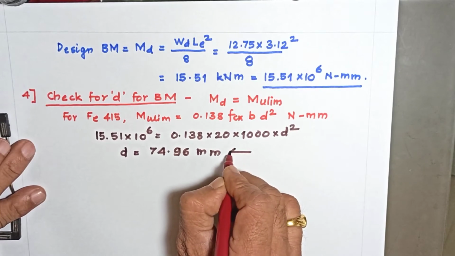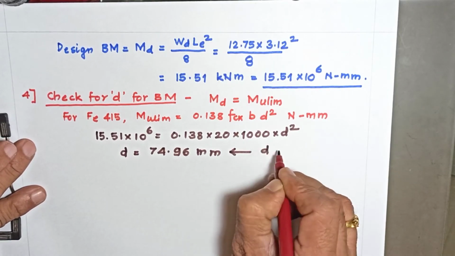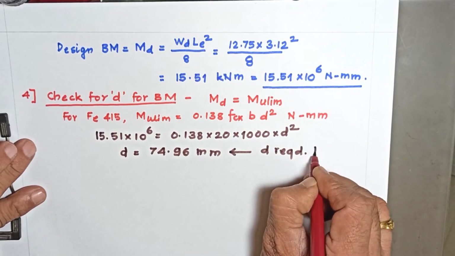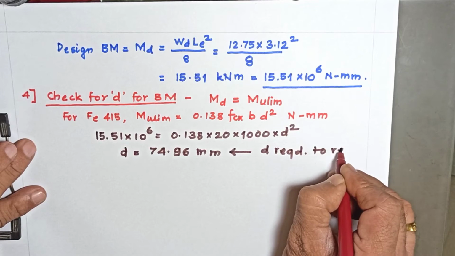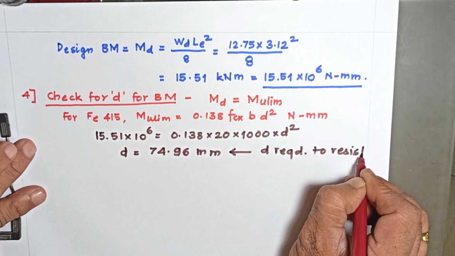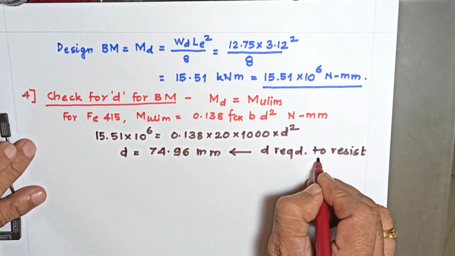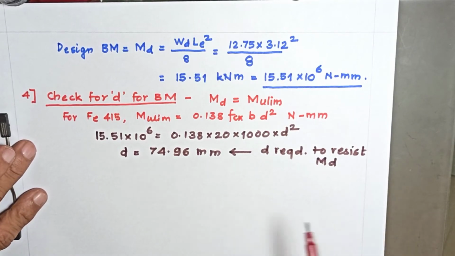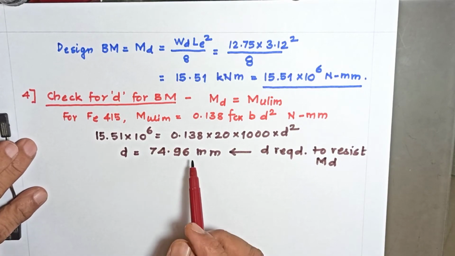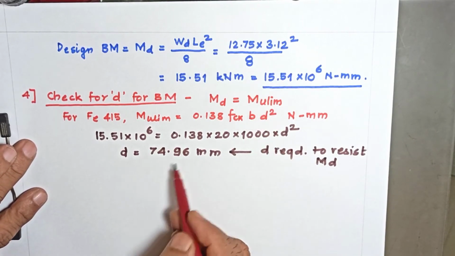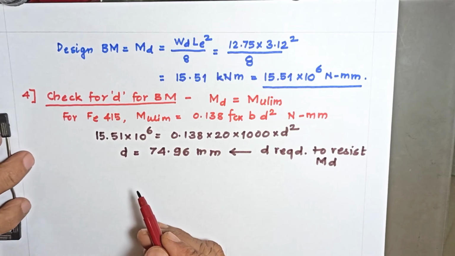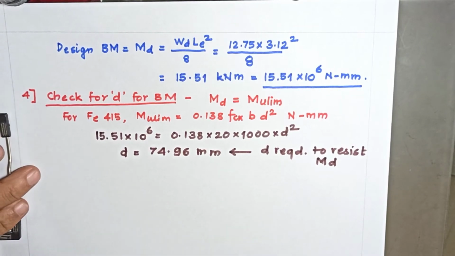Mind well, this is the value of d required to resist the design moment MD. Now you can very easily see that the effective depth required to resist the design moment is 74.96, and the D which we have provided is 120 mm, so it is definitely more.